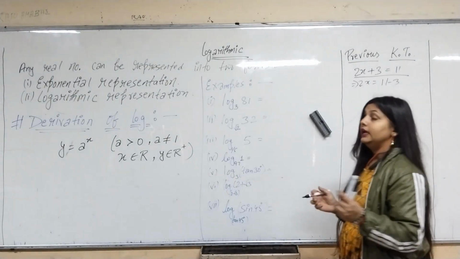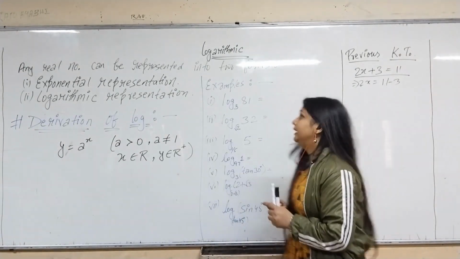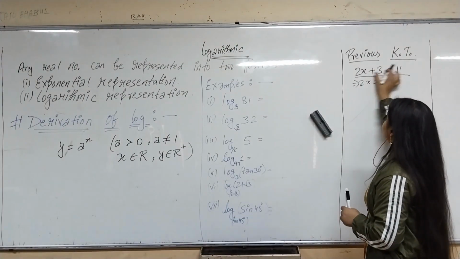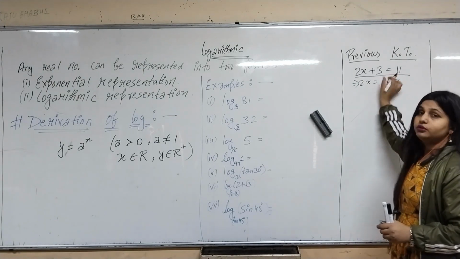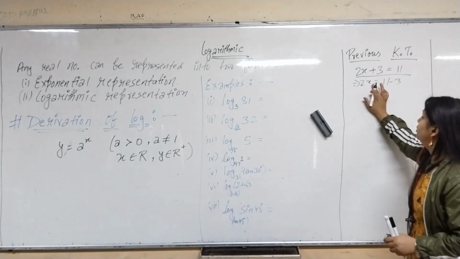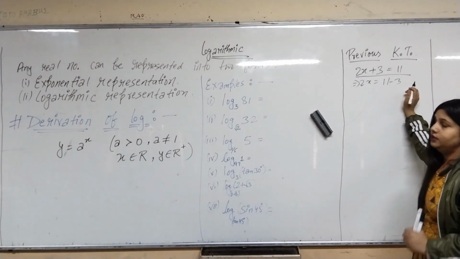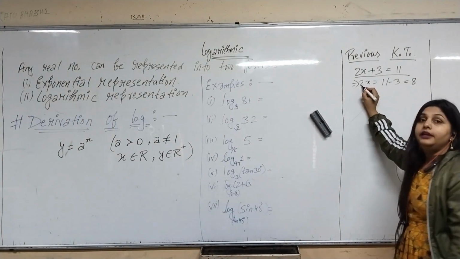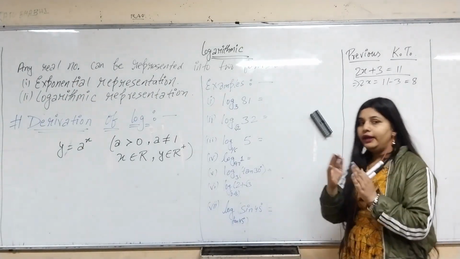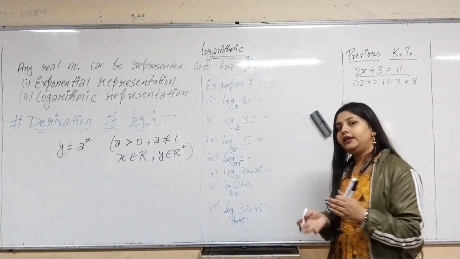Why? Because we know that if we want to shift this 3 here, we are going to subtract 3 from both sides. So it will be 3 minus 3, 0, and here it will be 11 minus 3. So it is what? 8. That's good. Here it is 2x. So 2x means 2 is multiplied by x.